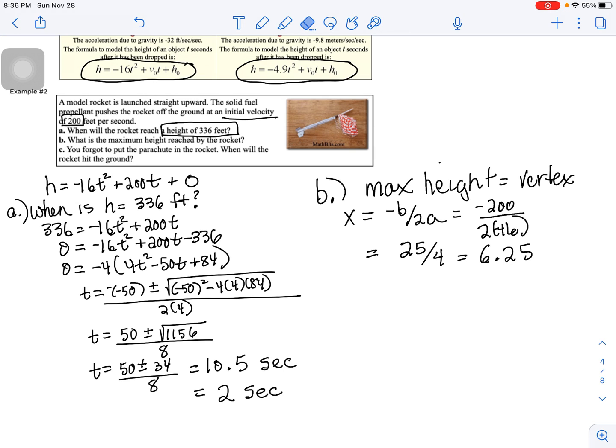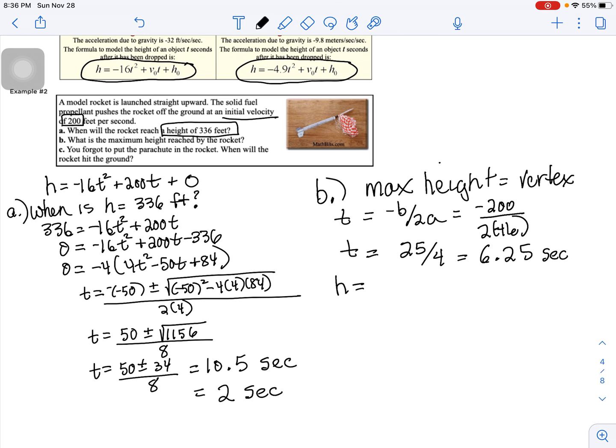Now the question said, what is the maximum height? I said x, and I should have used t, because we're dealing with t. t equals 6.25 is the seconds that the rocket goes before it hits the maximum height. So at 6.25 seconds, the rocket hits the maximum height. To find that maximum height, you have to plug that 6.25 back into the equation.